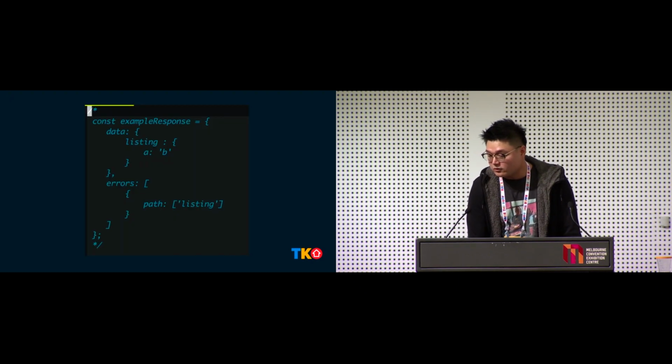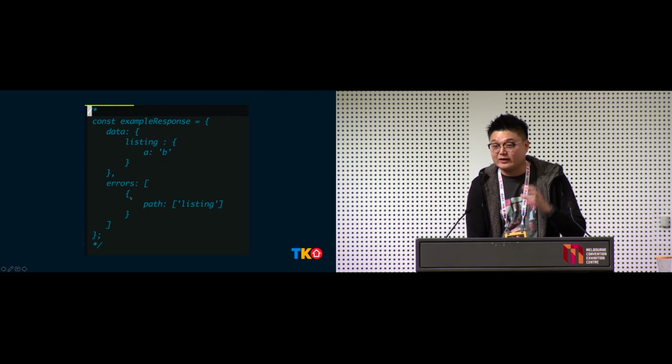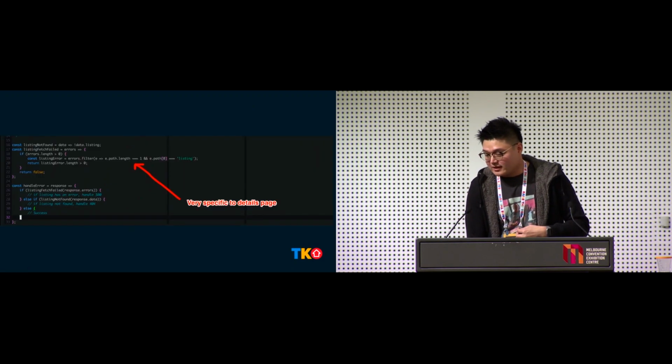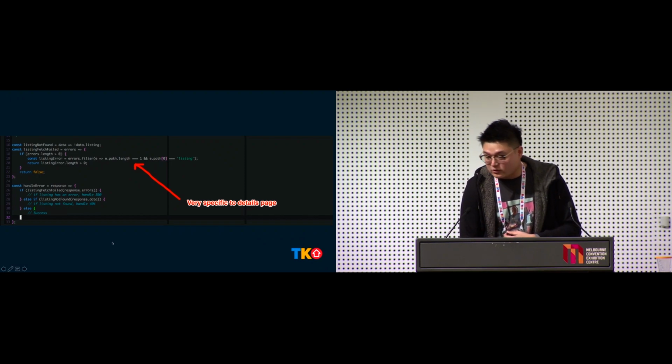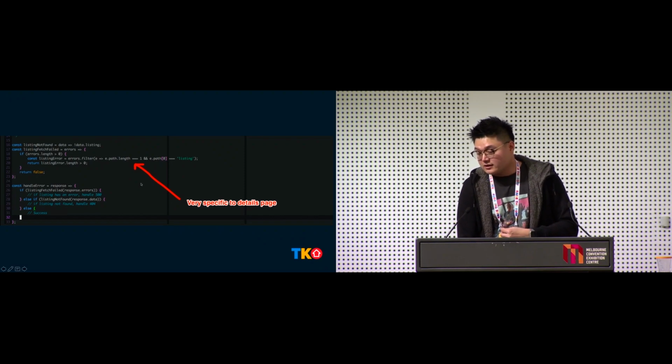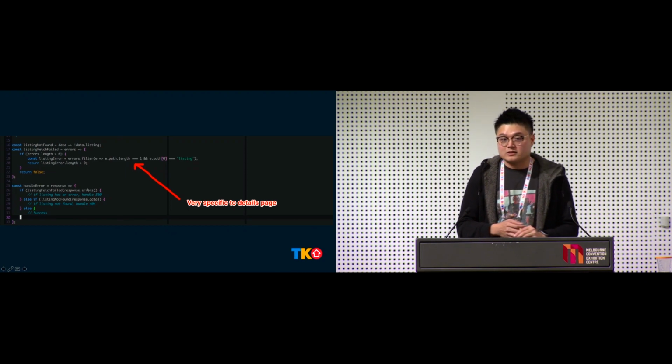This is an example of what we get back from the server. You get data with a listing AB and an errors array with a path of listing. This is not the real response, but I've simplified it a bit. I'm not going to jump into the whole thing and explain how it works, but if you look at the code here, you will realize that the code to handle the error is extremely specific to the details response.